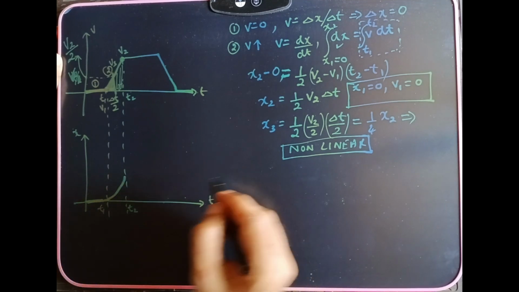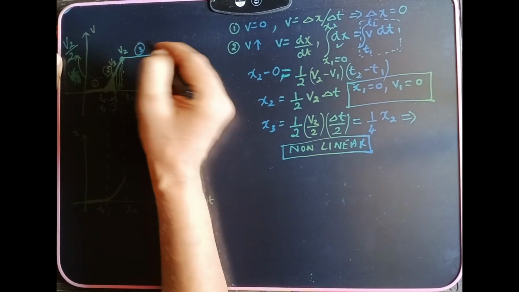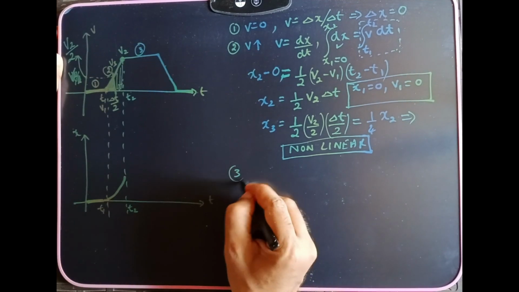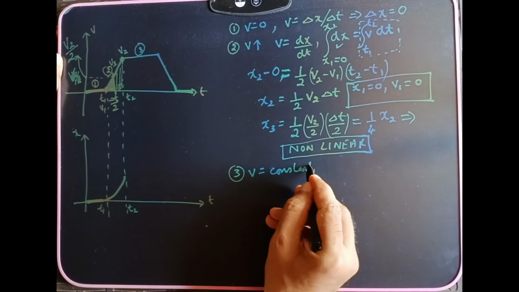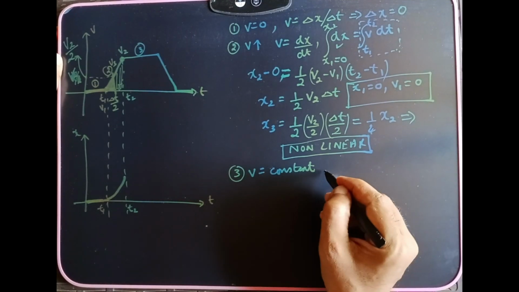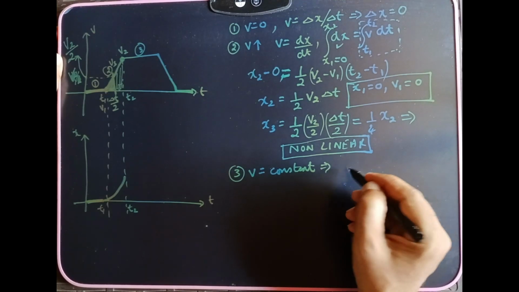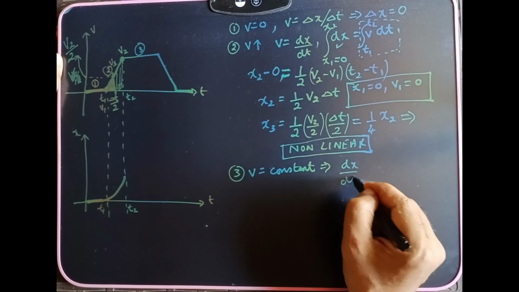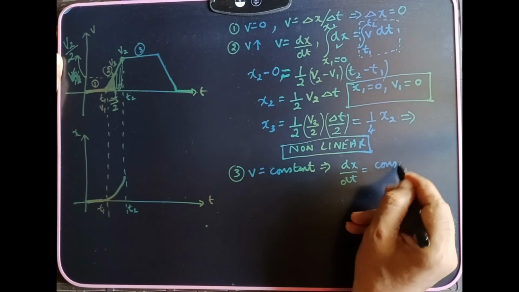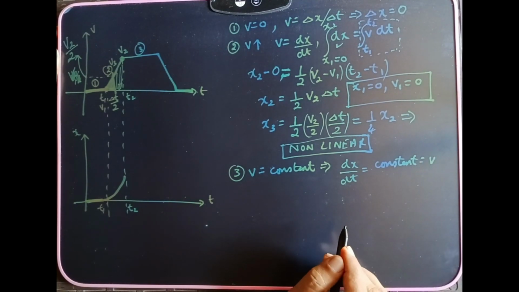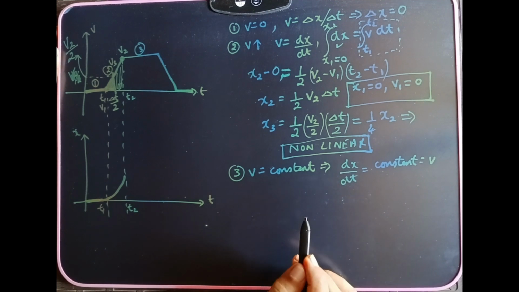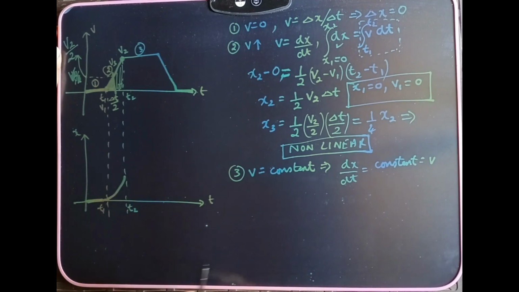Okay. Now the third part. The third part says that velocity is a constant. So I can write this equivalently as dx by dt is a constant, and that constant is v. Now I need to find out the displacement.